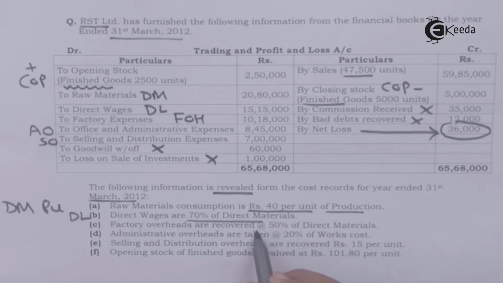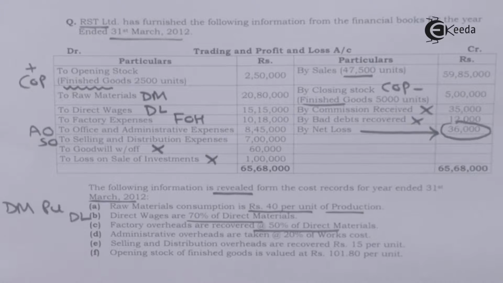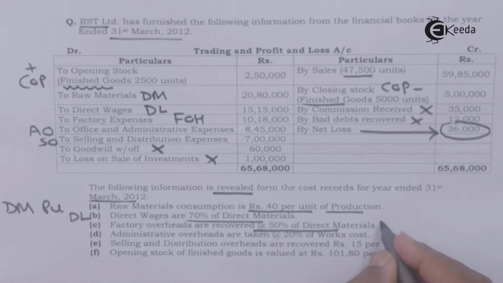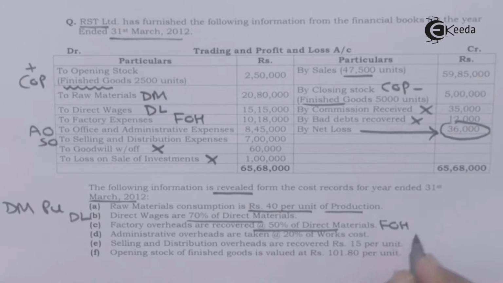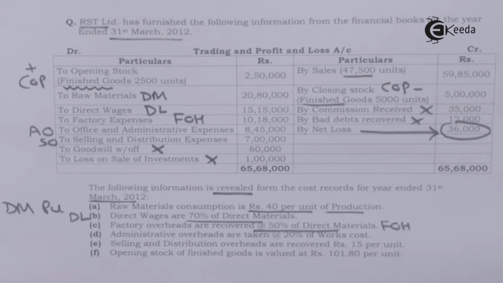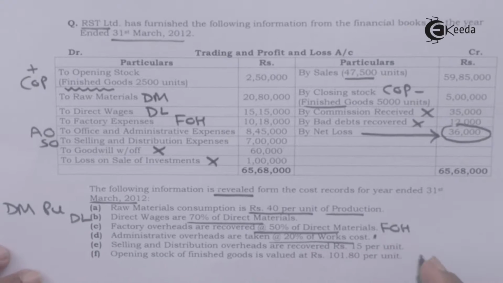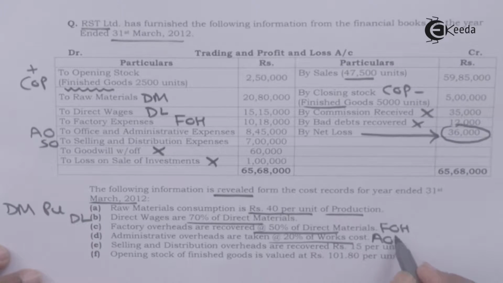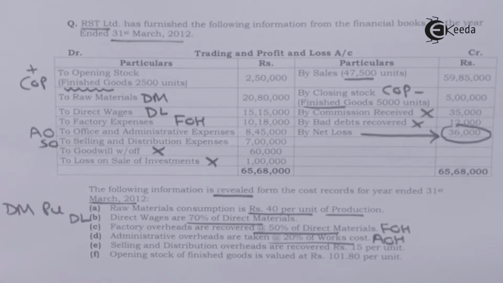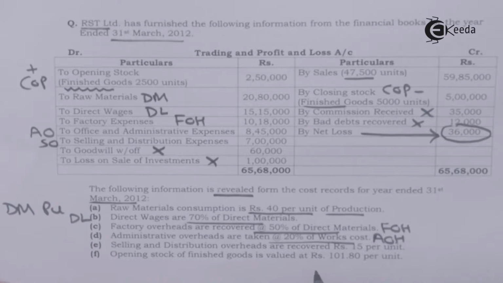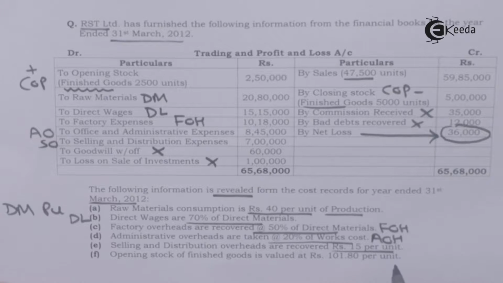Factory overheads are recovered at 50% of direct materials. Administration overheads are taken 20% of works cost. Selling and distribution overheads are recovered at rupees 15 per unit.